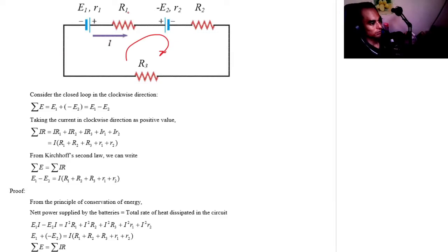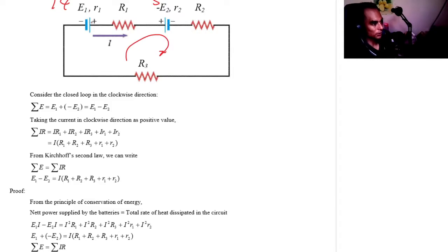There are three resistors and two EMFs, one EMF over here and one EMF over here. So how do we determine the direction of the loop? You can see that it doesn't have any numbers for E1 and E2, so we can assume it will be clockwise or anticlockwise. It's easier if you have numbers, like E1 is 14 volts and E2 is 5 volts, so you take the majority.